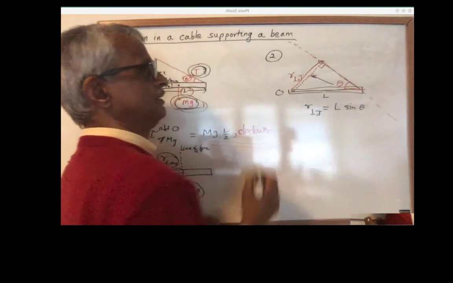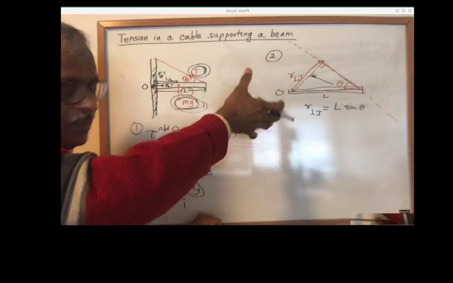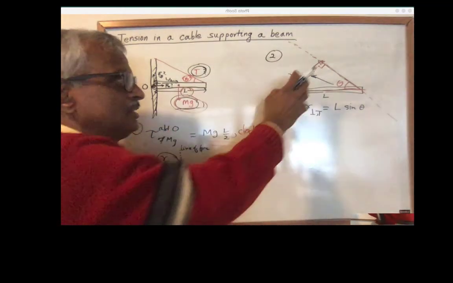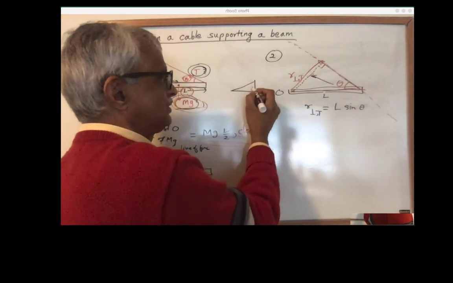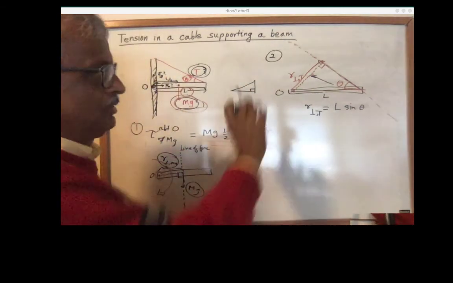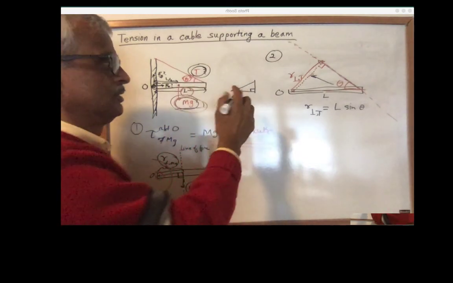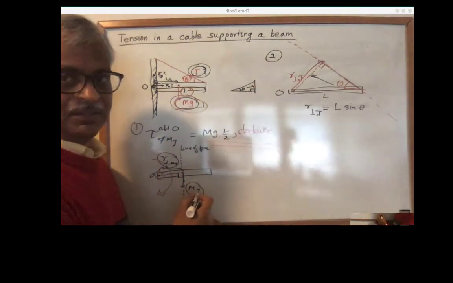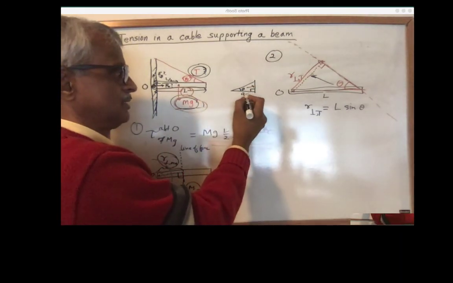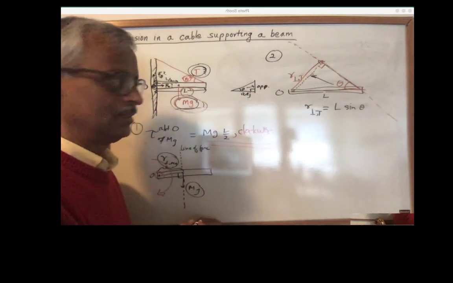This is a 90 degree triangle, but it's kind of in a weird way. I have to imagine this is 90 degrees. You may remember the formula, but you have to think adjacent and opposite: if this is angle theta, then that's the opposite, and this is the adjacent.